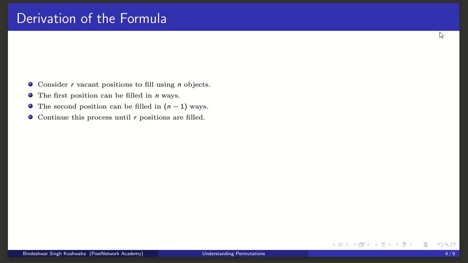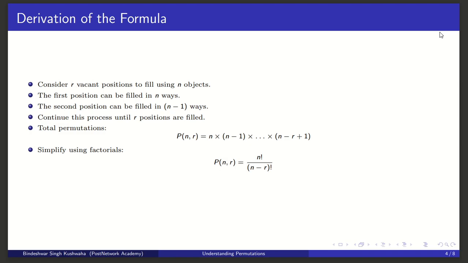If you continue this process until r positions are filled, you will get nPr, that is n into n minus 1 and so on. The same expression you can write in the form of the formula: nPr equals factorial n upon factorial n minus r.